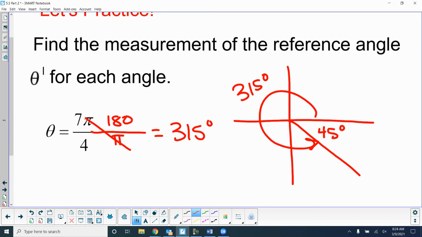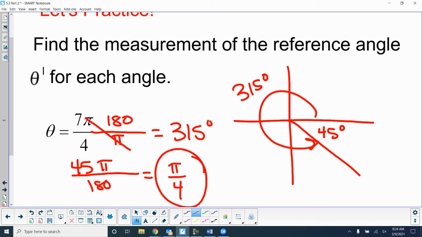Okay? Then you have to change it back. So 45 pi over 180 is pi over 4, when you simplify it. So if they give you the problem in radians, your answer should be in radians on the reference angles.